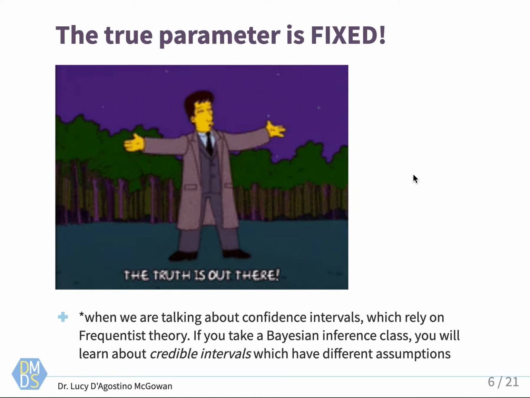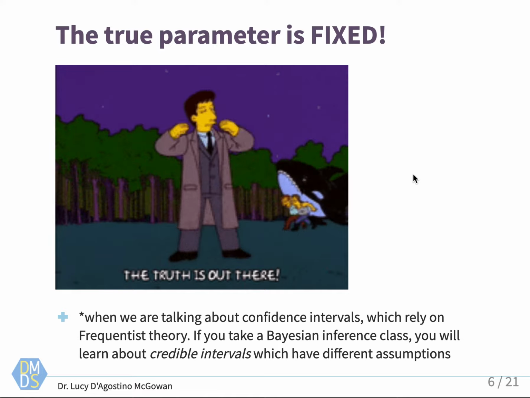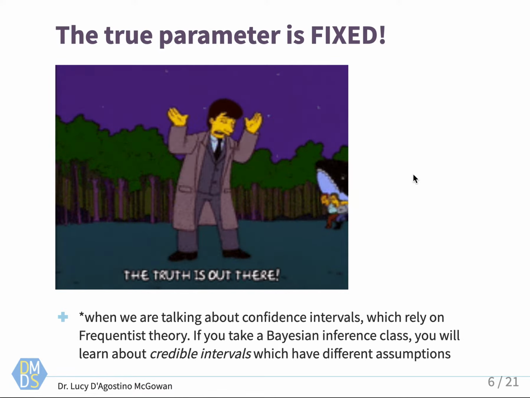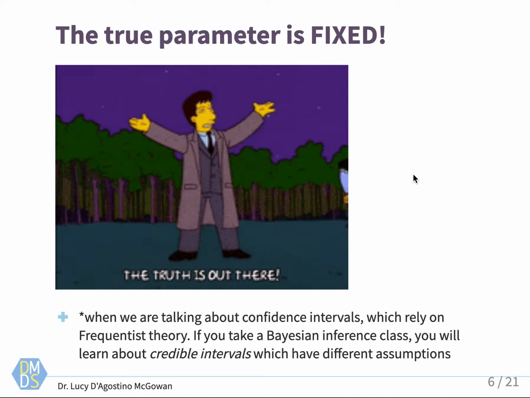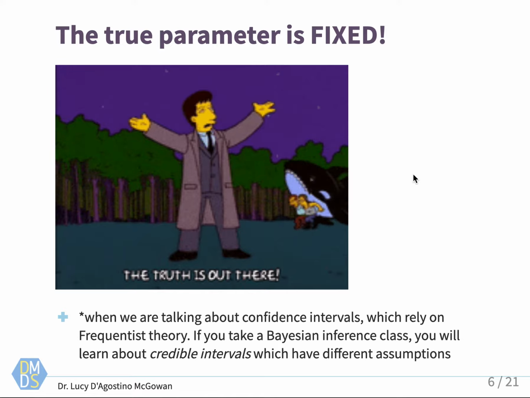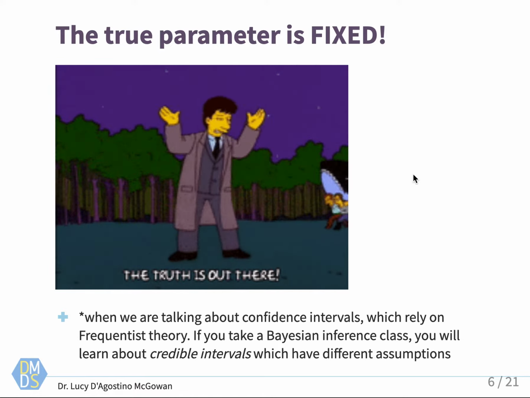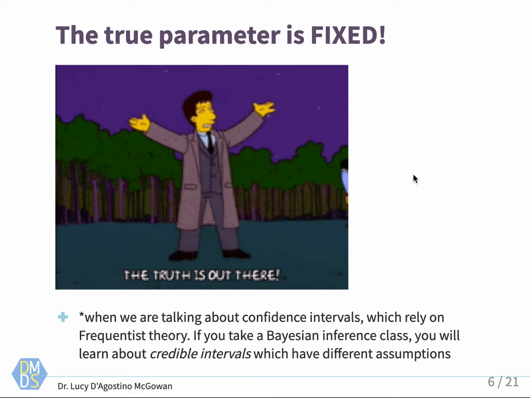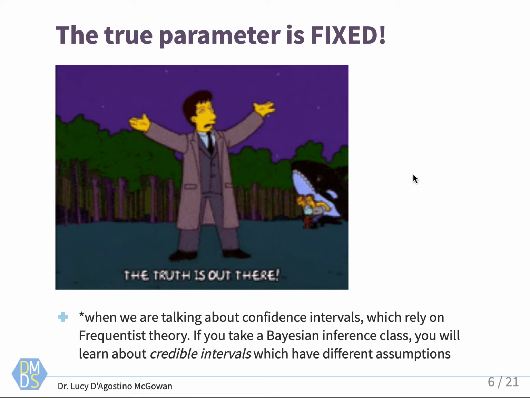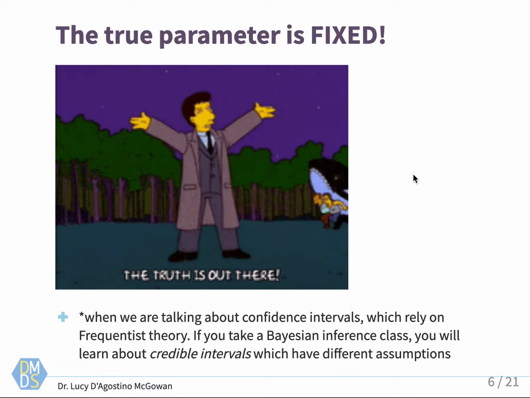So in this setting, the true parameter is fixed. And so there's not a probability of that truth falling within some interval, because if the true parameter is 4 and the interval you saw is 5 to 9, 100% of the time 4 is outside of 5 to 9. If the interval you saw was from 3 to 6 and your truth is 4, 100% of the time 4 falls within 3 to 6.